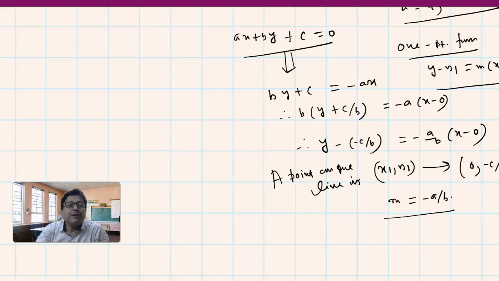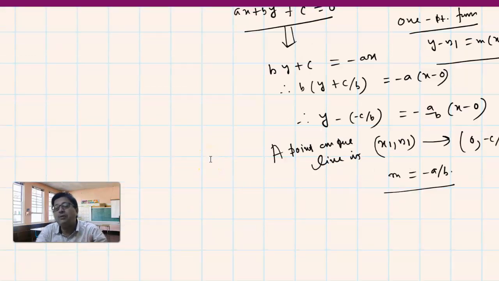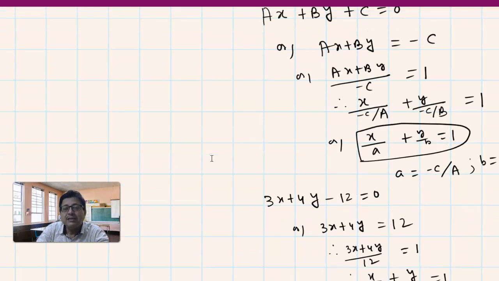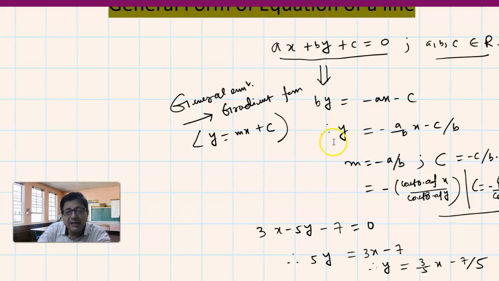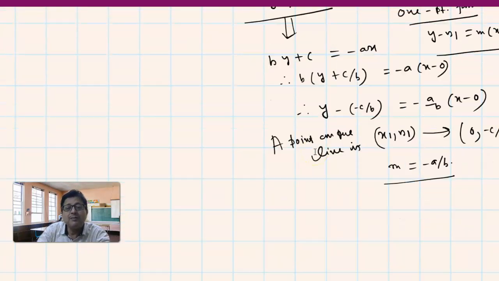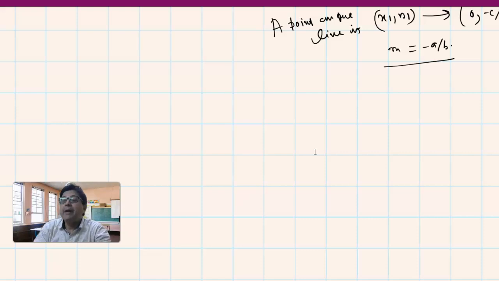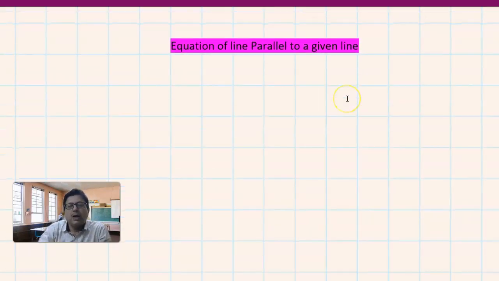Okay. Now we are going to discuss how to write the equation of a line by knowing this concept. How to get the slope and intercept from the general equation of a line. We can find the equation of a line which is parallel to a given line and perpendicular to a given line. How to write the equation of a line parallel to a given line? Let us know. Let the line be given in the form ax plus by plus c equal to 0.